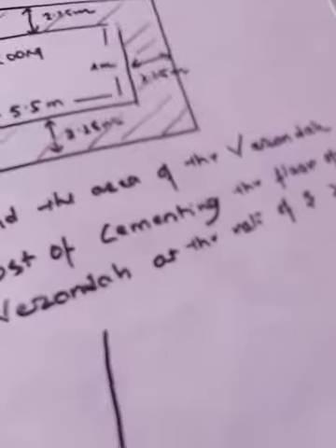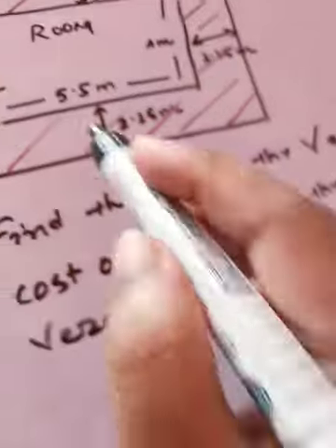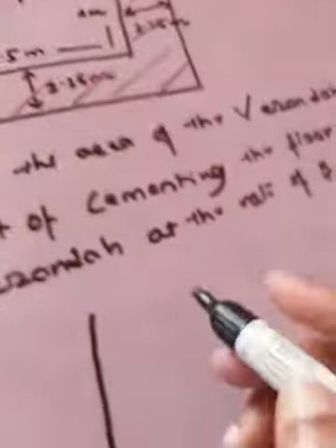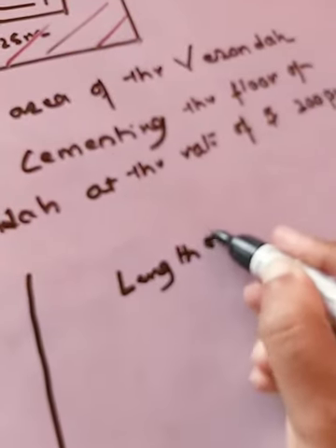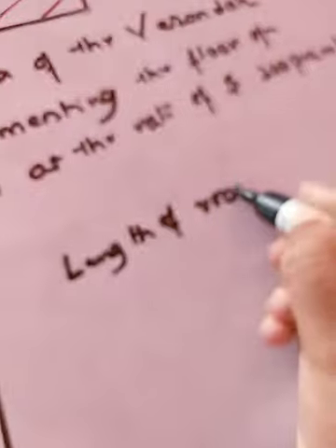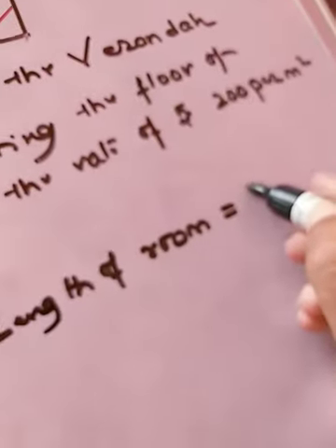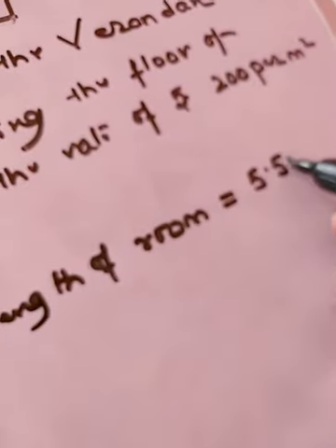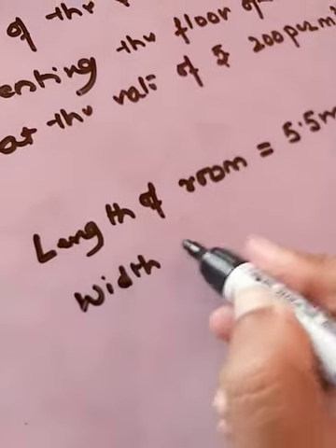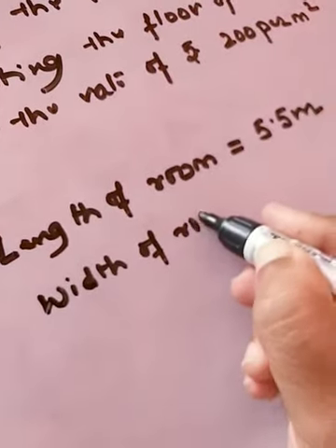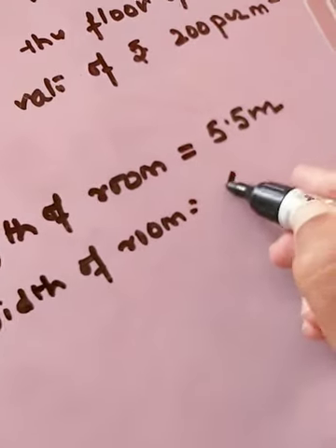So let's get it. The first thing that we'll do is find the area of the room. Length of room is equal to 5.5 meter. Width of room is equal to 4 meter.